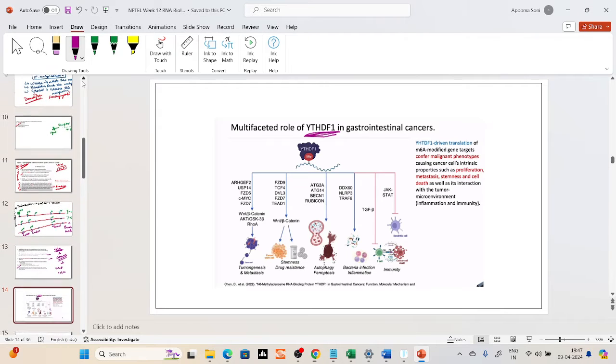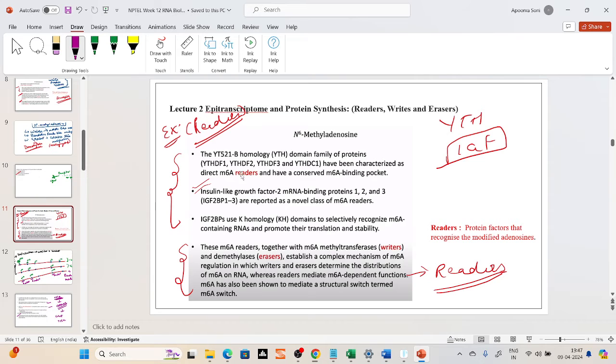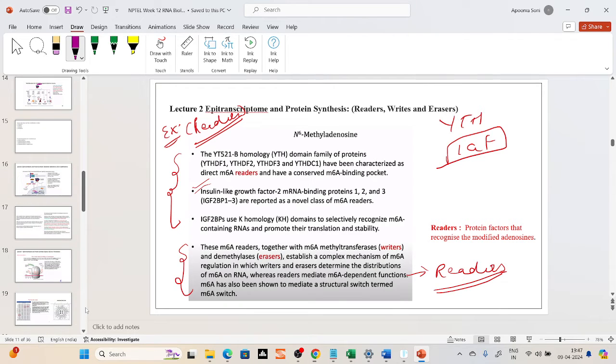This YTH is a reader. Read these sentences. So these YTH proteins are the readers.